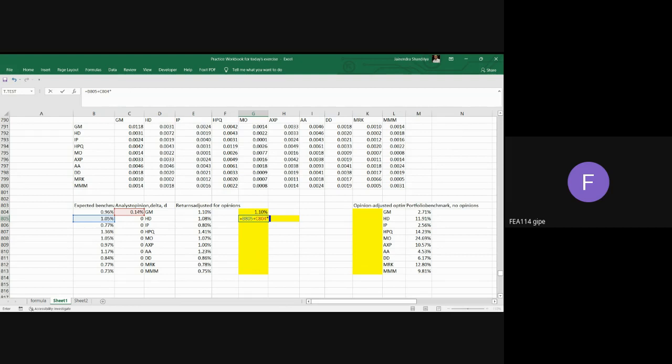Here we'll multiply the variance covariance of Home Depot, and then we divide this by the same variance covariance matrix of General Motors, because we want that to be constant. If I press enter, I get 1.08%. So as you know, while the original return was 1.05, the actual return has changed to 1.08.